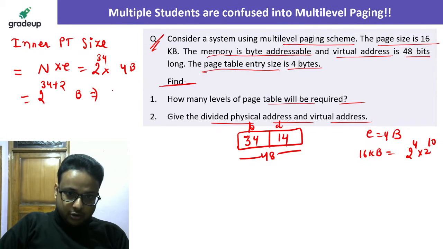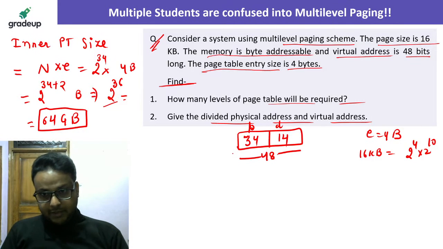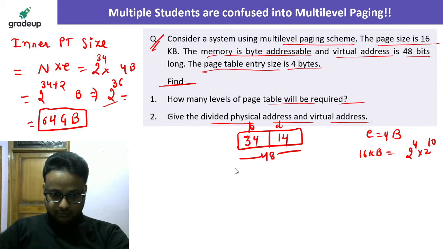So 34, 35, 36, that is 2 to the power 36, which is 64 GB. 64 GB will be your page table size.